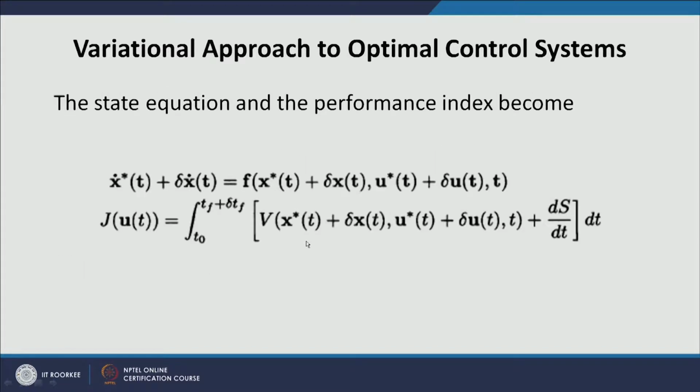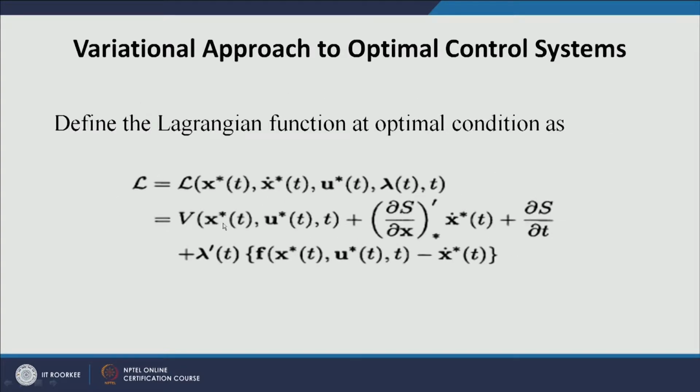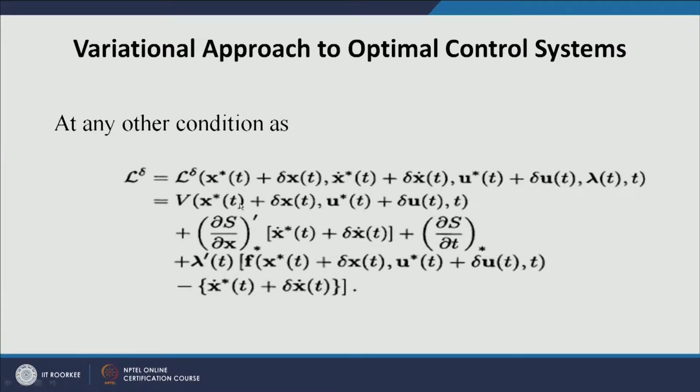Our approach is the Lagrangian approach. First we define our Lagrangian L as V plus lambda prime g. G is our condition, which we took in the previous lecture. This is my Lagrangian at the optimal point.